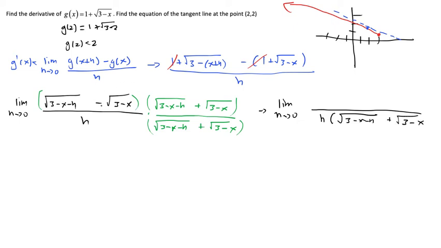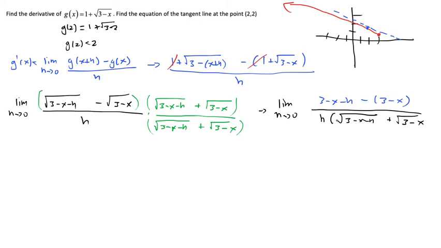Remember, these are called conjugates. Whenever we multiply conjugates together, when we FOIL, the outer and the inner terms will cancel out. So all we have to do is multiply the first two terms together. Radical 3 minus x minus h times itself is just 3 minus x minus h. And then radical 3 minus x times radical 3 minus x, once again, is just itself, minus 3 minus x.